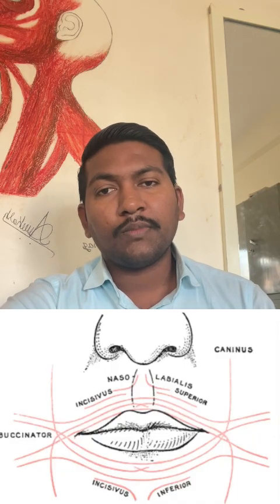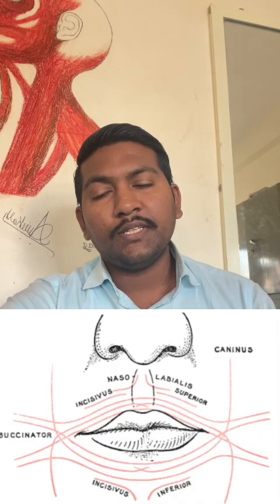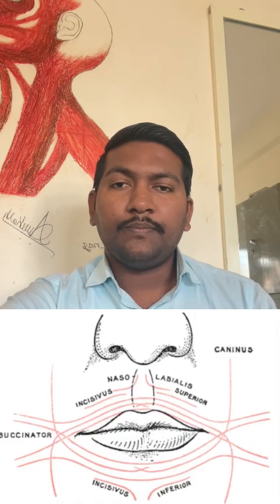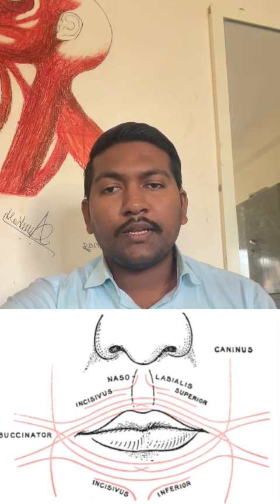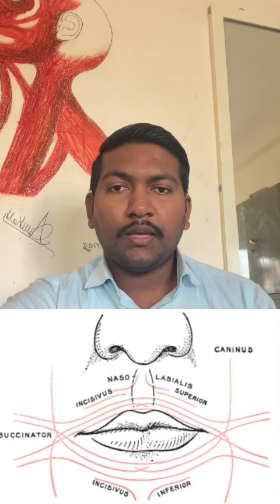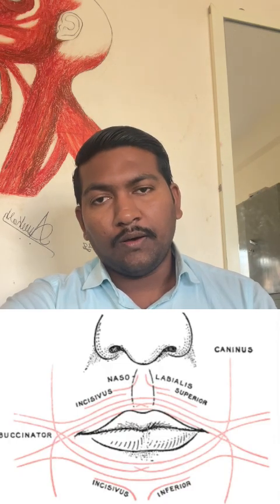The fibers from the caninus muscle are inserted into the lower part of the angle of the orbicularis oris, and the fibers from the triangularis muscle are inserted into the upper part of the angle of the orbicularis oris muscle.